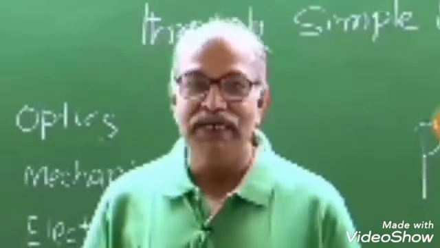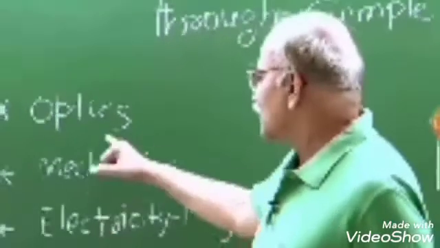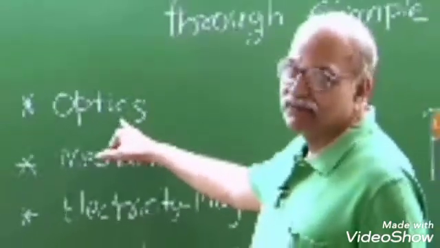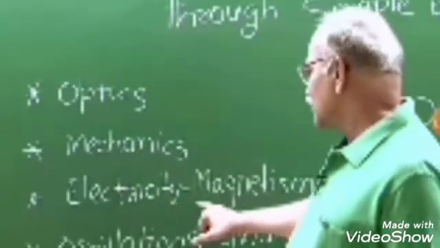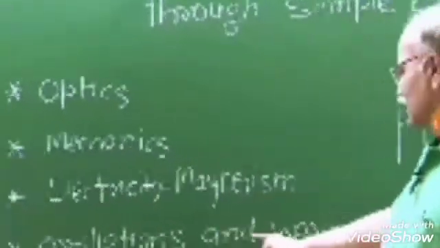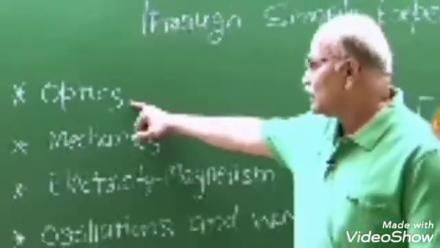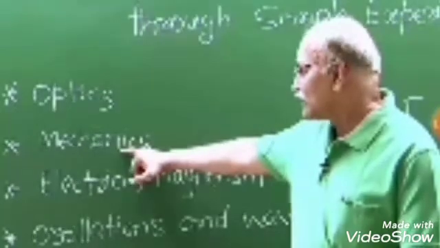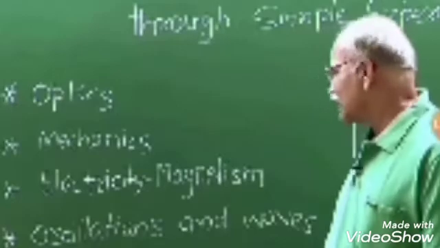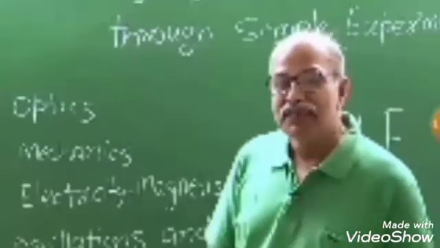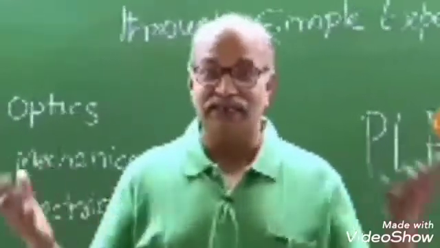But still, broadly I have divided it in 4 parts: optics, that will be our first module, then mechanics, then electricity and magnetism, and then oscillations and waves. So roughly 2 weeks on optics, 2 weeks on mechanics, 2 weeks on electricity and magnetism, and 2 weeks on oscillations and waves. So we will start with our first module, that is optics, light.